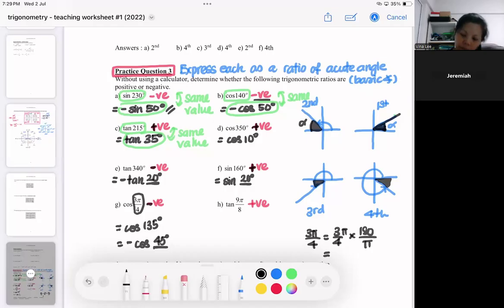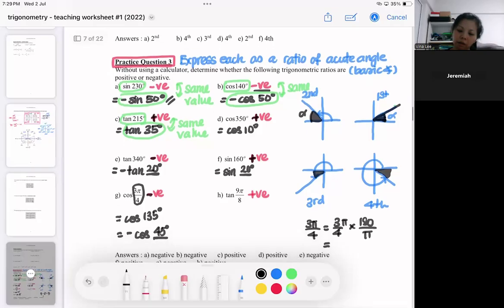Okay, I think you're getting it. The next one is in radian. Again, I'm going to convert. So if I convert, I will get this. Okay, so we convert, it's 202.5 degrees.